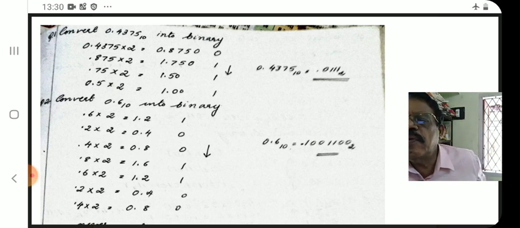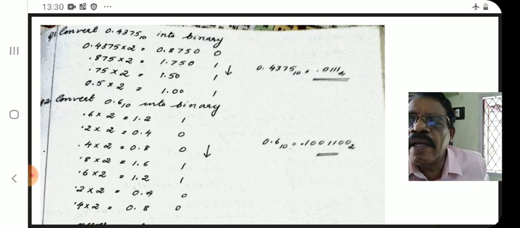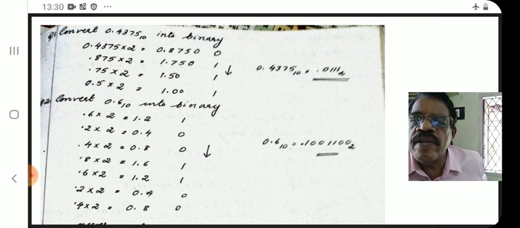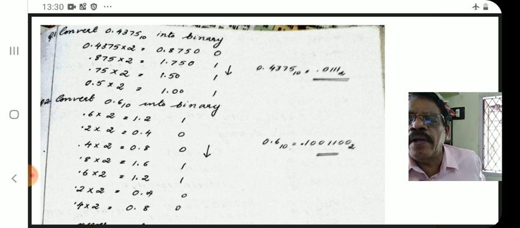Again 0.5 into 2, 1.00, integral part is 1, and the decimal part is now 000. So we can stop multiplication and note the integer parts downwards, that is 0, 1, 1, 1.